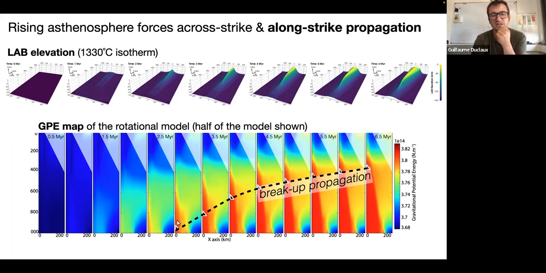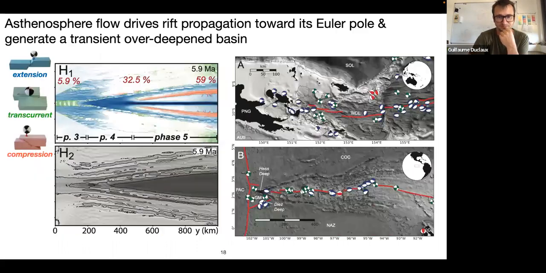We see that we've got a high gravitational potential energy here and lower gravitational potential energy towards this end. So we create gradients both across strike and along strike the rift, and we're able to estimate the driver of this propagation. And you've got a picture here of the lithosphere-asthenosphere boundary, and how it rises into the model and propagates through time.